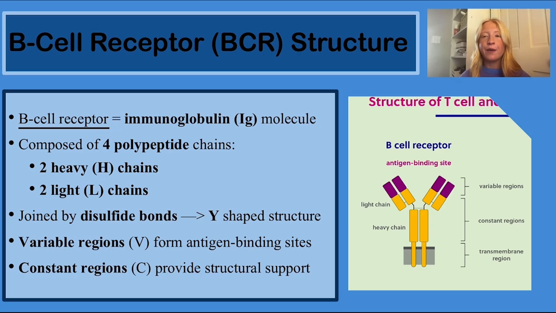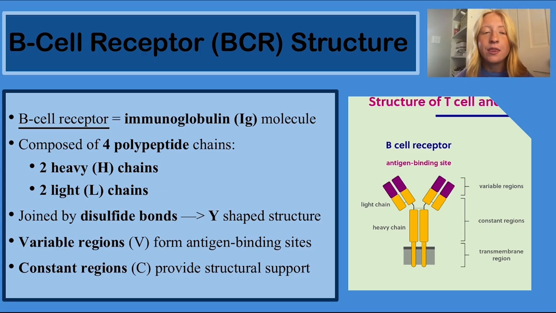Now I'm going to talk about the B cell receptor structure, or the BCR. This is an immunoglobulin molecule, and it has the same kind of structure that becomes an antibody once it's secreted. It's made up of two identical heavy chains and two identical light chains, all linked by disulfide bonds, and they form this Y-shaped structure. At the tips of the Y are the antigen binding sites, which are the variable regions, and these determine what antigens the B cell can recognize.